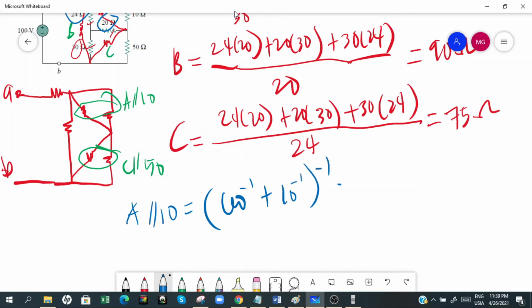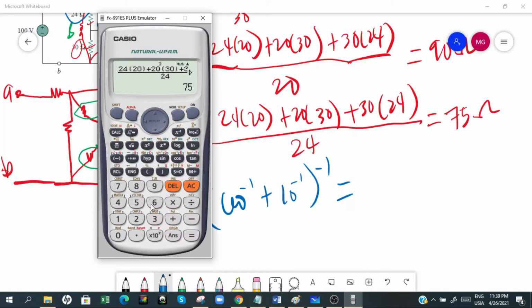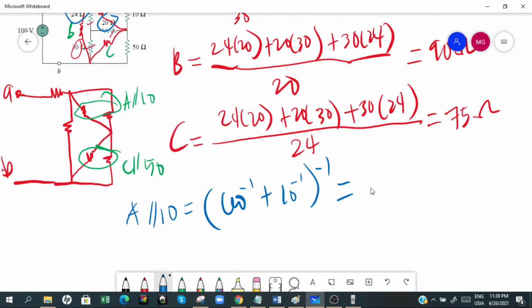So inverse everything: 60 to the power of negative 1 plus 10 to the power of negative 1, then inverse. So this should be 60 over 7.